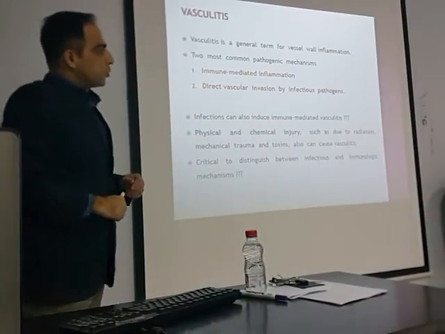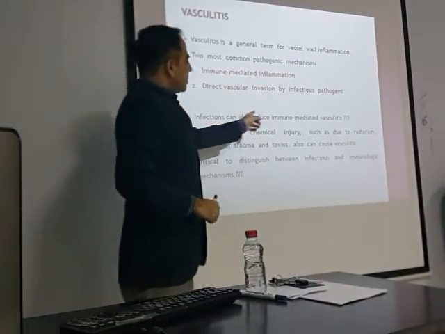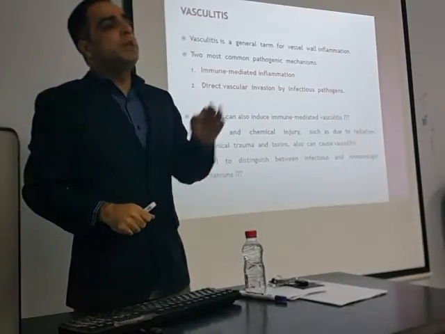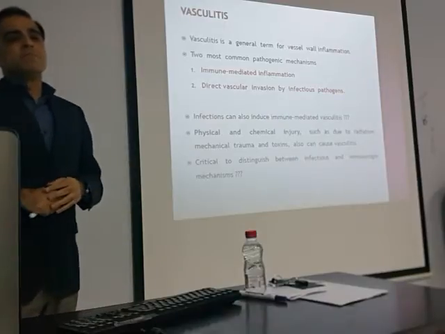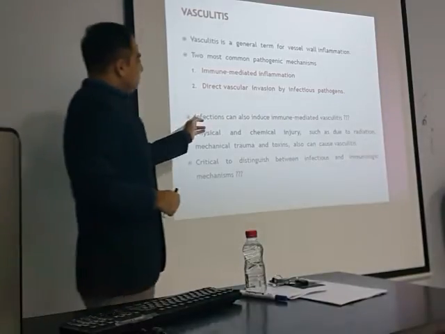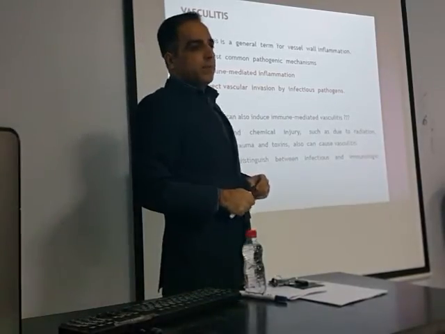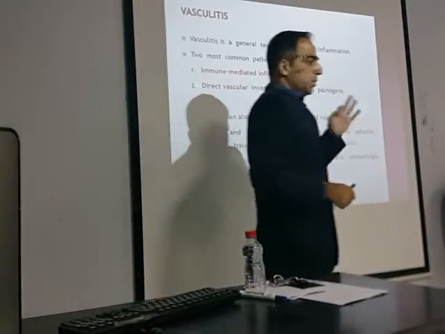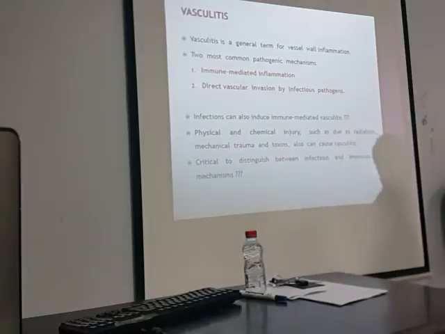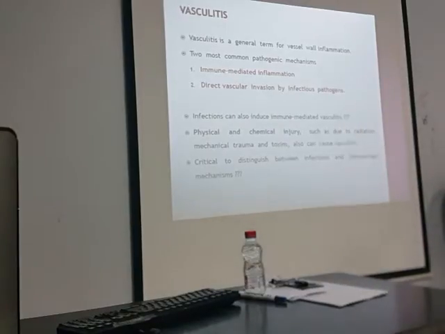But here is a question for you. Infections can also induce immune mediated vasculitis. Anybody knows how? We say one is direct vascular invasion. Another is that infections can also induce immune mediated vasculitis. How? One is saying cross-reacting antibodies. Very good. Another one? Same structure.